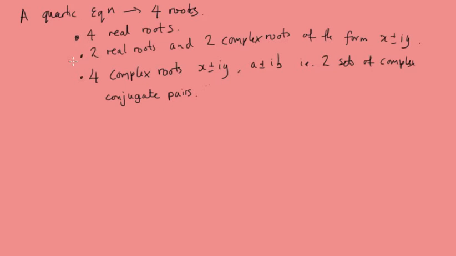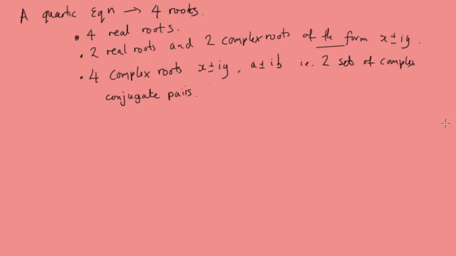A quartic can never have 1 real and 3 complex roots. And if you think about it, it's because the complex roots always come in a complex conjugate pair. So you can have 2 complex roots or 4 complex roots, but if you had 3 roots, then one wouldn't have its complex conjugate pair. So that's why you always need to have the roots with the complex conjugate pair.